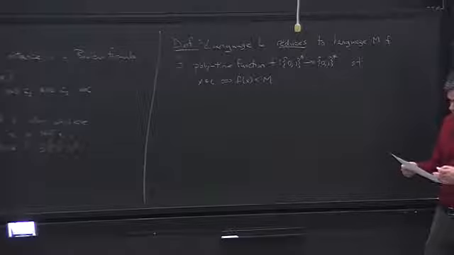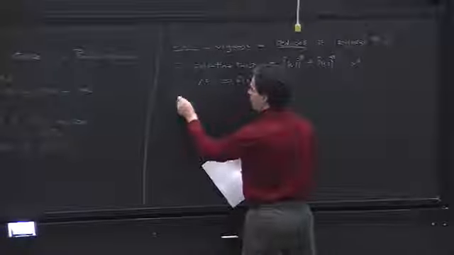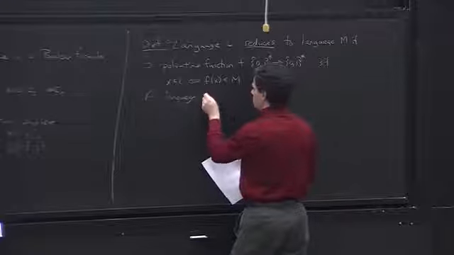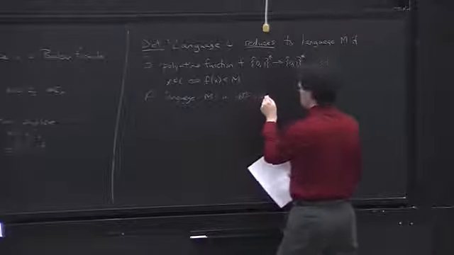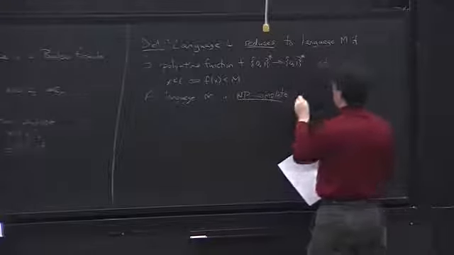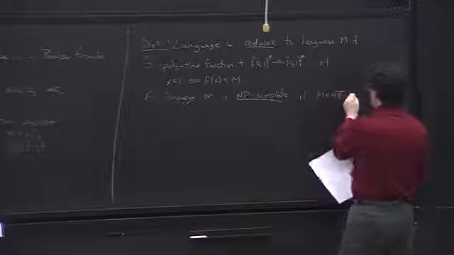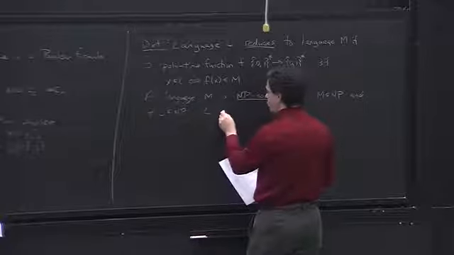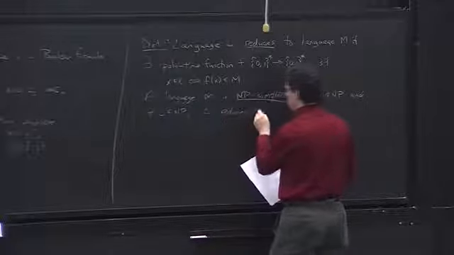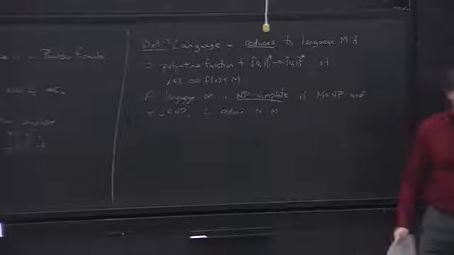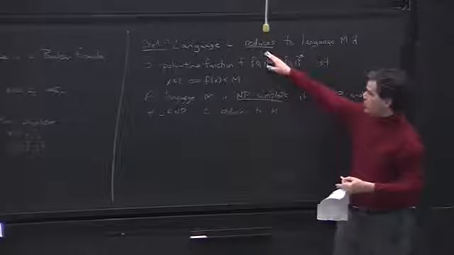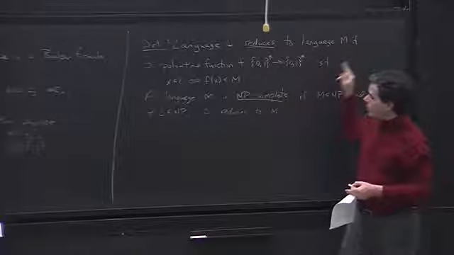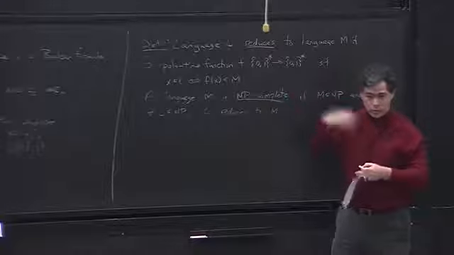And then we say that a language M is NP complete if the language is in NP, and for all languages in NP, they can be reduced to the language M. This terminology is maybe a little bit confusing in that the motivation here is that the language M is at least as hard as L. So you're reducing to something harder.